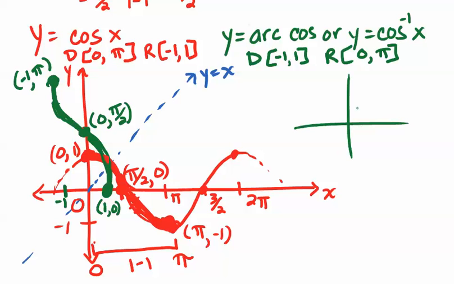So it might be helpful for you to think of the unit circle, and why would we pick 0 to pi on the unit circle? Haven't quadrants 1 and 2 covered every possible cosine value? So that's a good way to remember that. As opposed to the sine function. For the sine function, we picked negative pi over 2 to positive pi over 2.